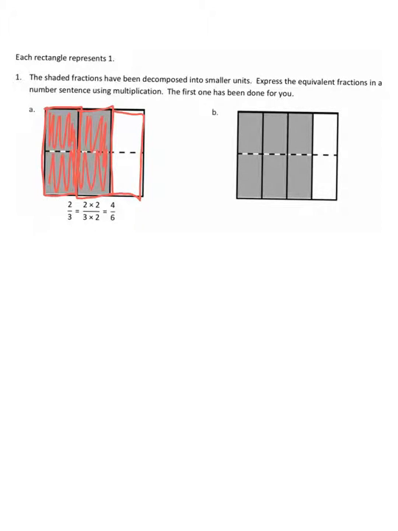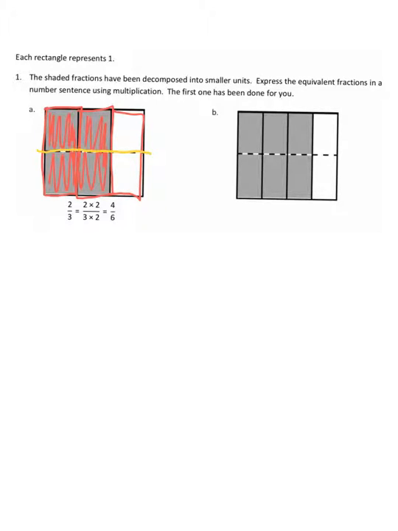But then what happened is that they cut it in half. So now they have 2 rows, which means that they multiplied by 2. So 2 times 2 is 4. 3 times 2 is 6, which makes sense because now, because we cut it in half, it turned into 6, and 4 are now shaded in.